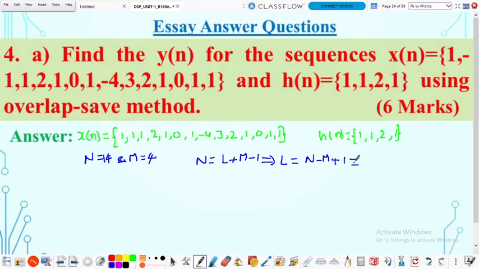From the given data, the length of the input sequence x of n is 14, minus M, the length of the impulse response, which is 4, plus 1. 14 minus 4 is 10, 10 plus 1 is 11. The length of the data sequence is 11, where L is the new data points.